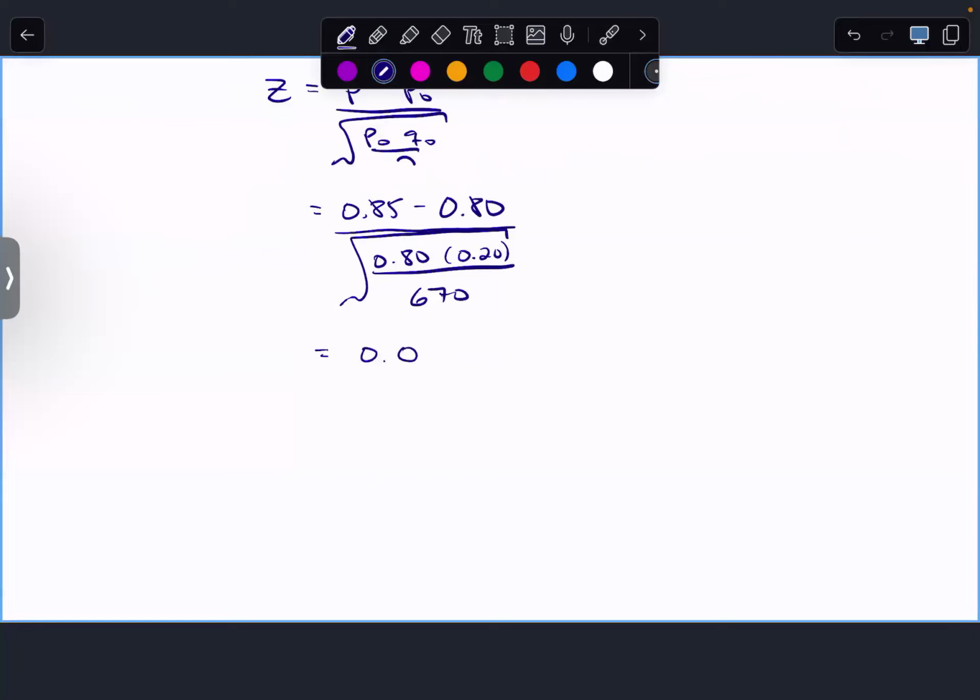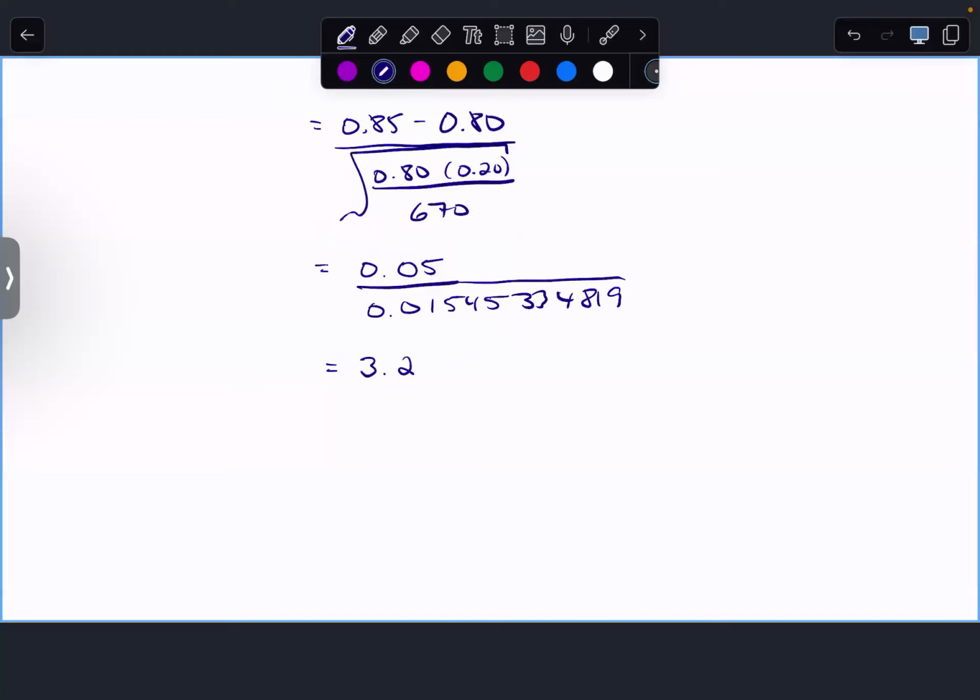I'll do the numerator first, 0.05, and then 0.8 times 0.2 divided by 670, and I'm going to do the square root right away. Divided by 0.01545334819. That gives 3.2355447776.